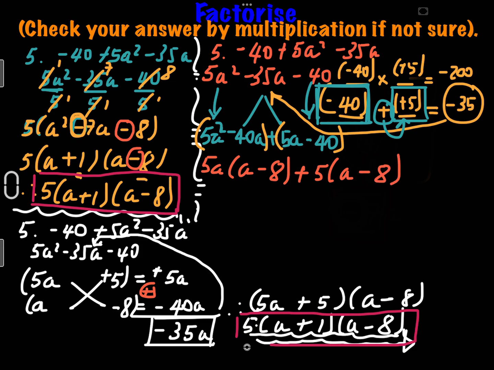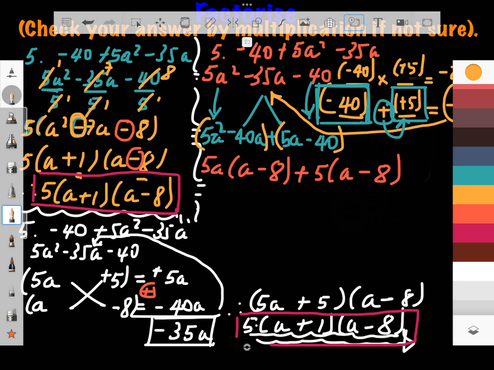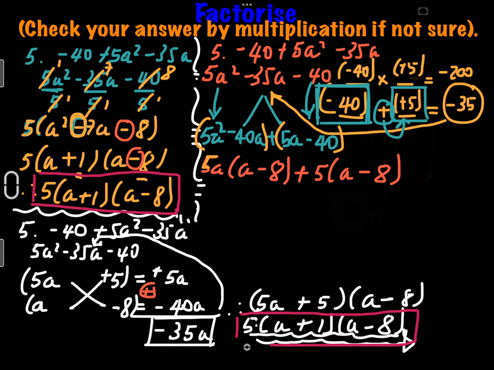Okay, so now remember we already have 5a plus 5. So I'm going to go ahead and write 5a plus 5, put that in the parenthesis or bracket, and then what I have last is a minus 8, which is the identity of these two parentheses.